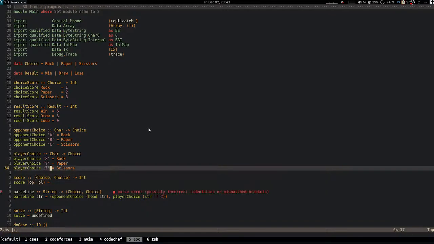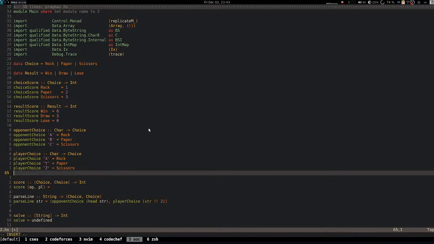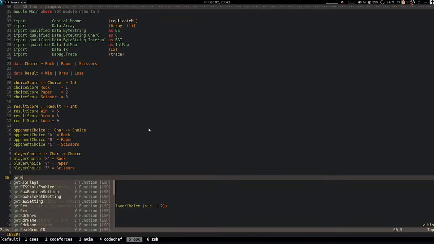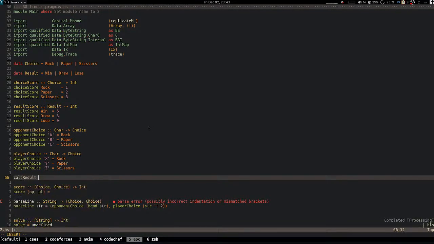We have to actually get the result, whether it's a win or a loss, right? So calc result takes a choice and again a choice and gives you back a result.